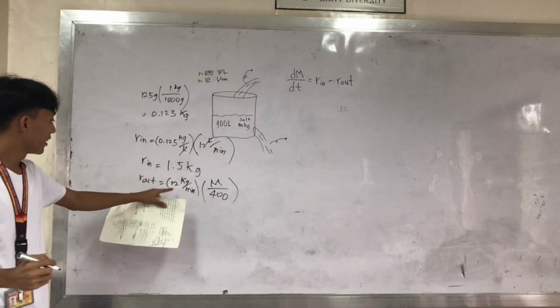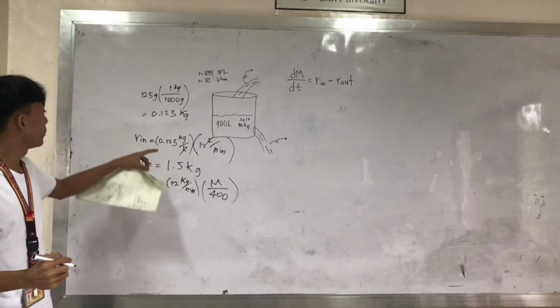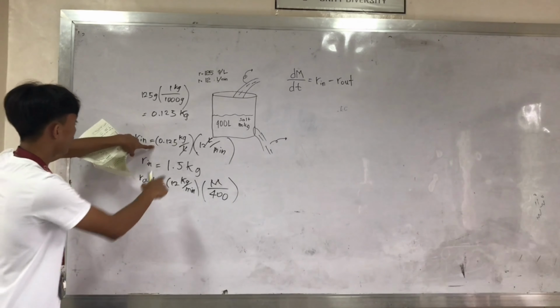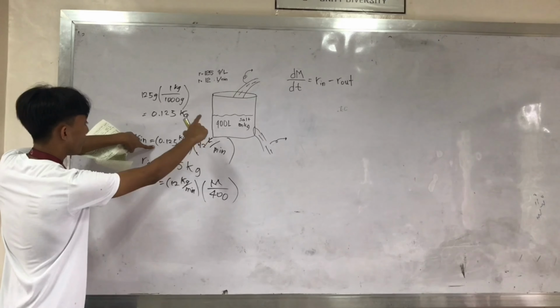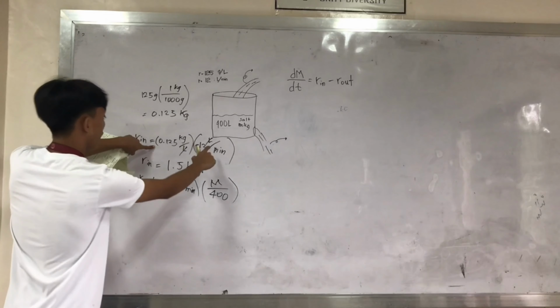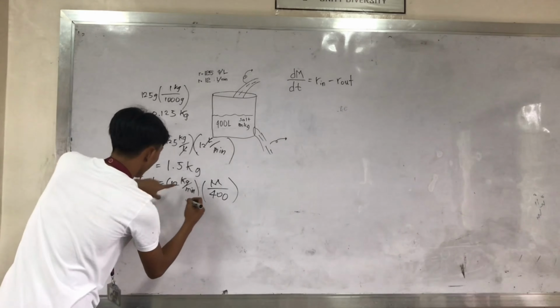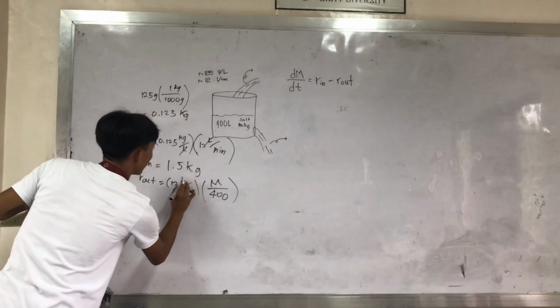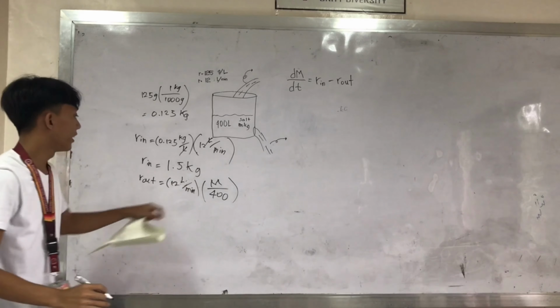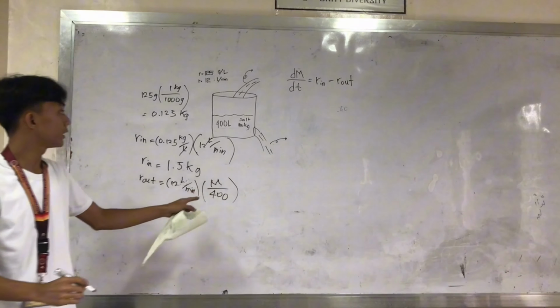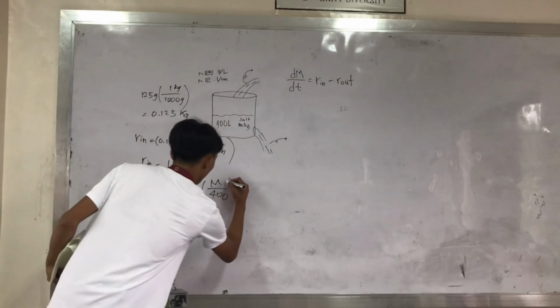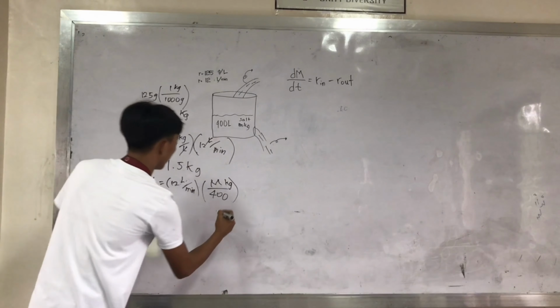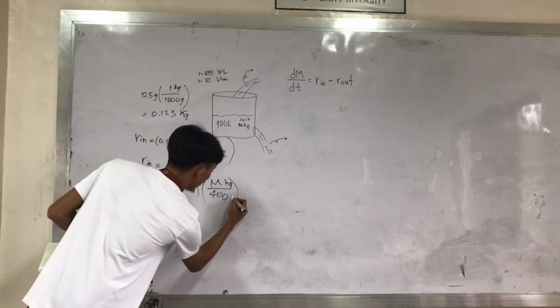As you can see, our solution is the same as the Rin. We have kilogram per liter times liter per minute, and the M will stand for the kilogram of salt, and the 400 will be liters.